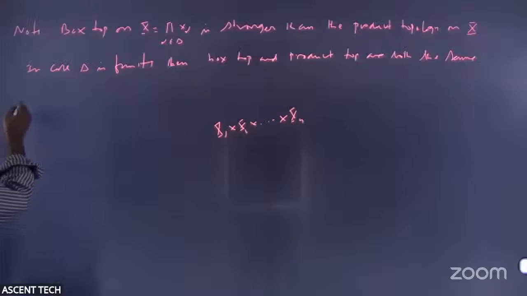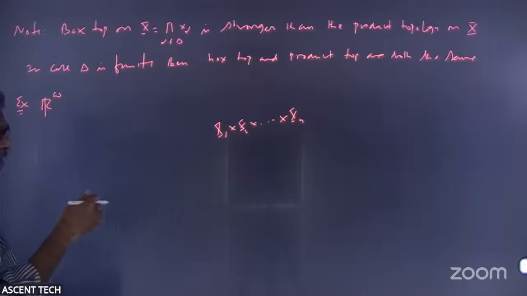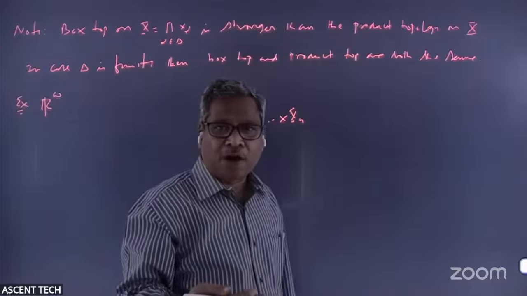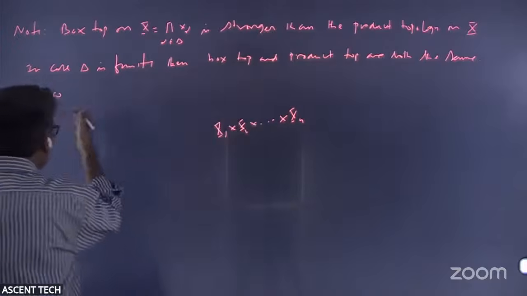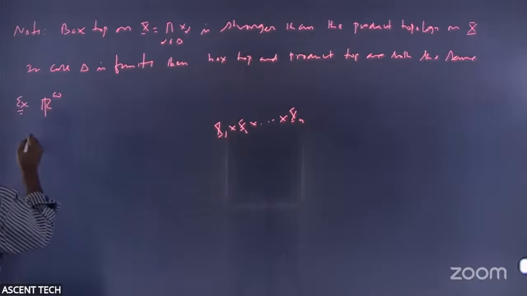For example, let's look at R omega. R omega means for each natural number I have one R, and I have the product of these.